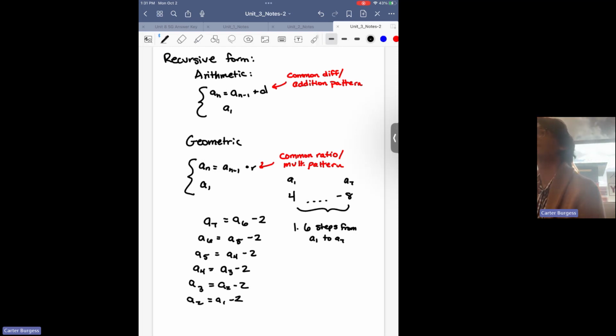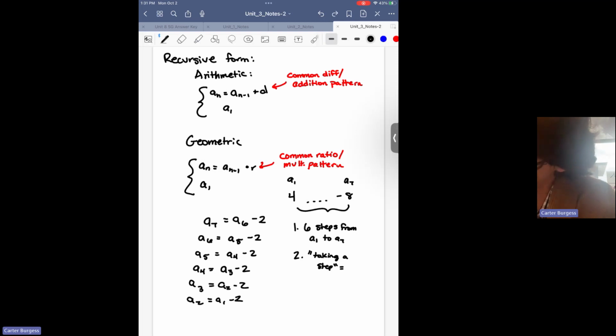Normally, if we were starting at 0, it would be 7, but in this case, we're starting at 1, so it would be 6. And then what does it mean to take a step? Which in this case is the same as subtracting 2.